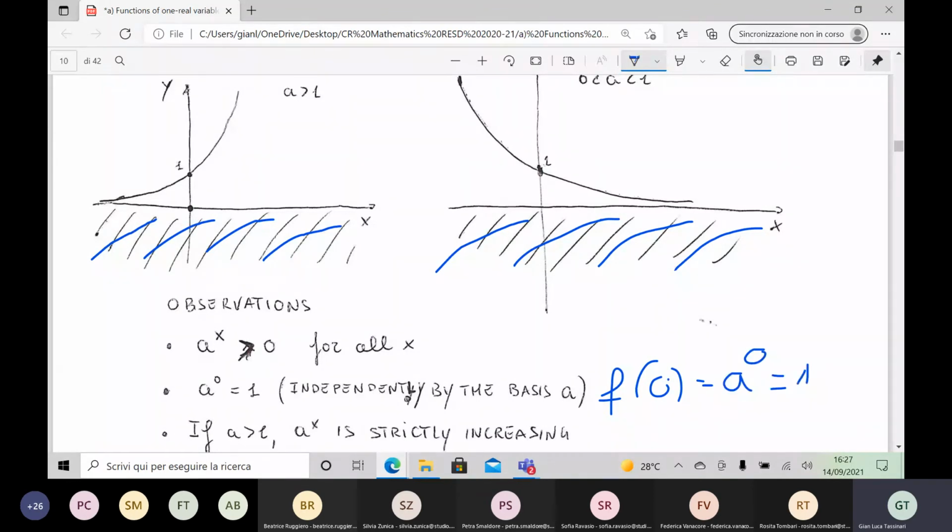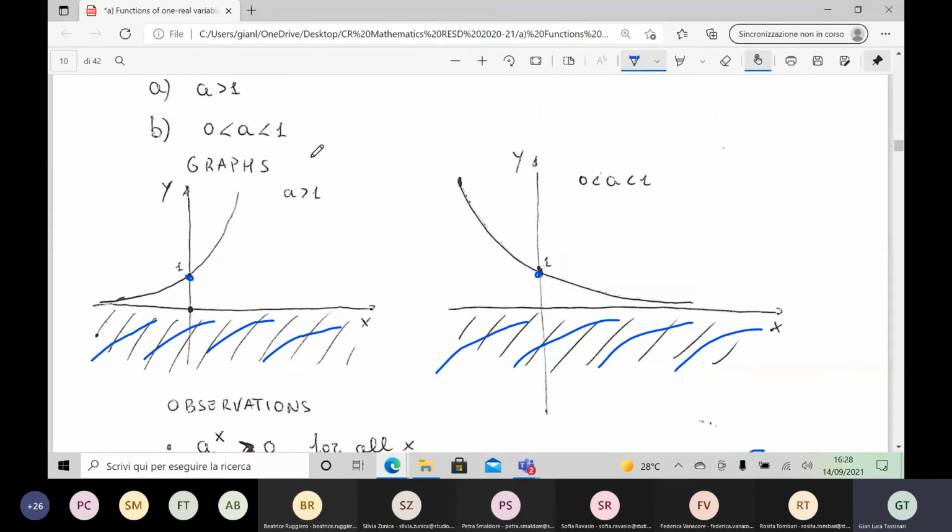So independently of whether the basis is, for example, 2 or 1 over 2, 2 to the power 0 is 1, and 1 over 2 to the power 0 is still 1. So another thing they share in common is that they all pass through the point (0, 1). So they are both positive and they both pass through the point (0, 1), independently of whether we are talking about case A or case B.